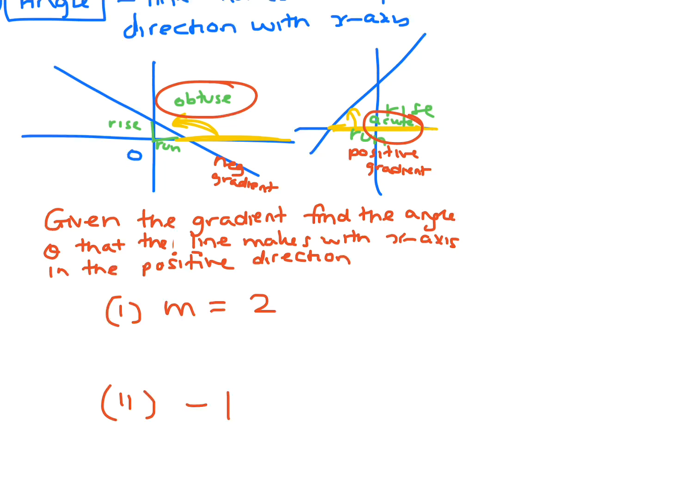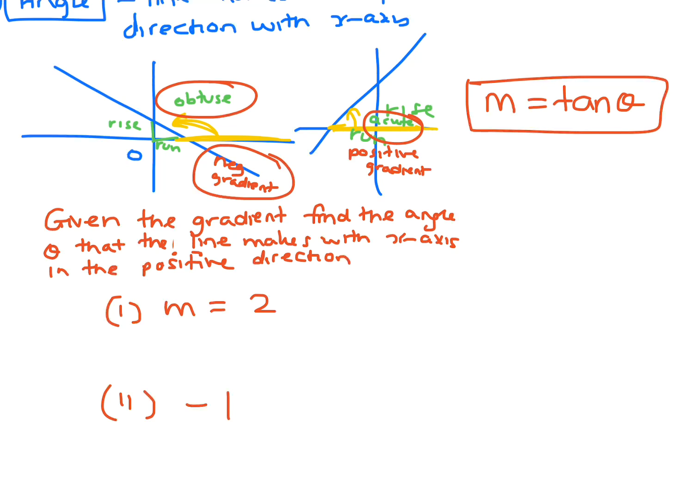Okay. So if the gradient is equal to 2, that means that the actual rule for finding the gradient equals tan theta. Okay. Now, if it is an obtuse angle, then the gradient is negative, and if it's an acute angle, the gradient is positive. So if you have a negative gradient, then you still go tan^-1 of m, and you make it positive.